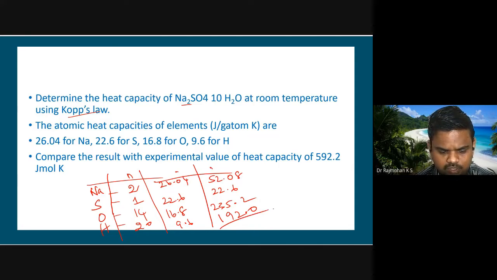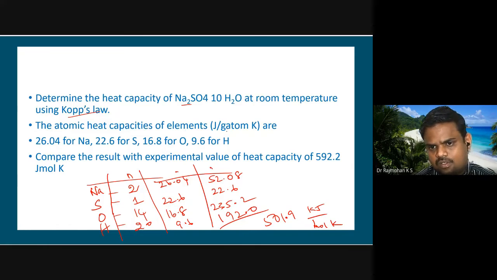So the total is around 501.9 joules per mole Kelvin. It is per gram atom Kelvin, so we are going to get per mole Kelvin. So simply joules only.